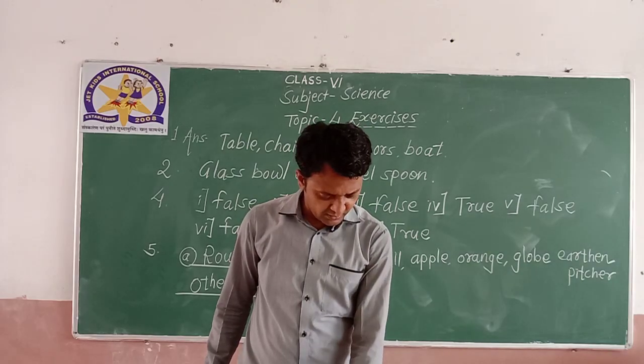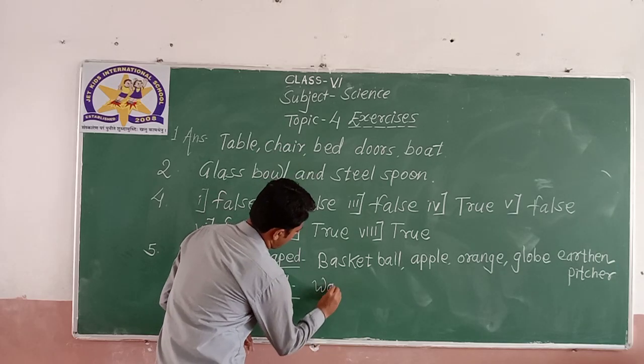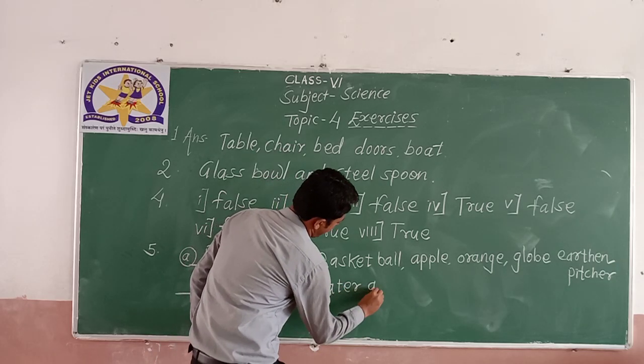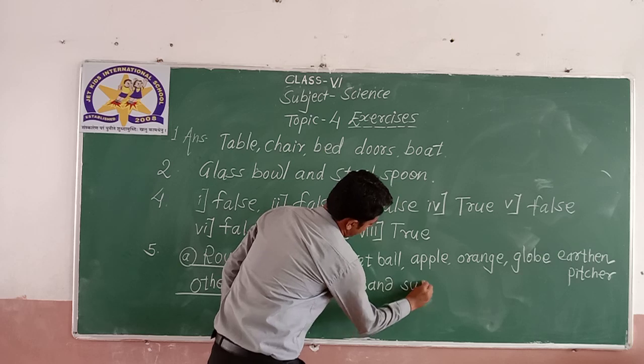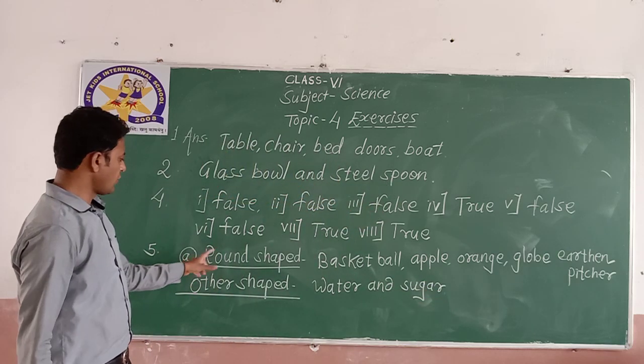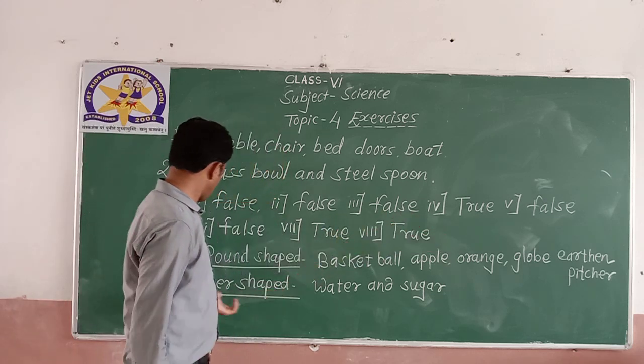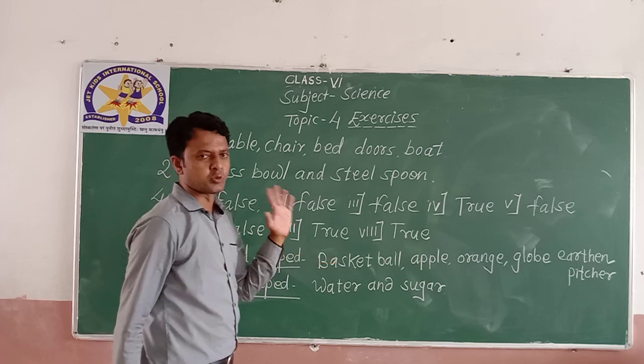So in other shape, water and sugar. So A, round shape: basketball, apple, orange, globe, earthen pitcher, and other shape: water and sugar.